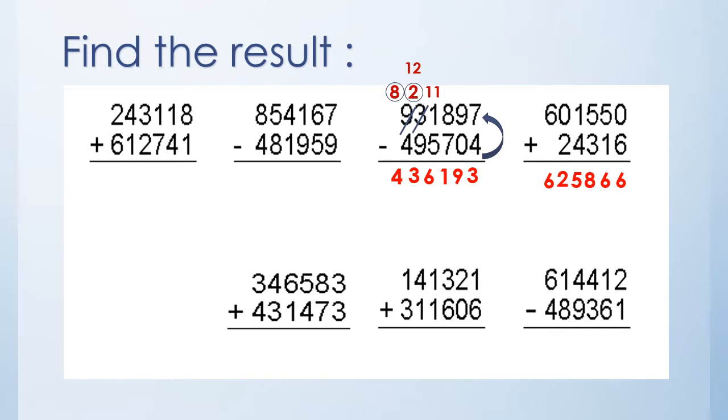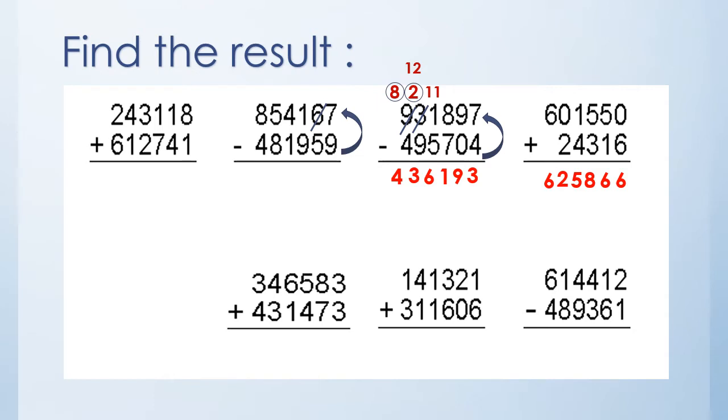The third problem, 854,167 minus 481,959. As we know, we start with ones. And don't forget, we count from down to up. 7 minus 9. Can I count from 9 to reach 7? No, can't be.